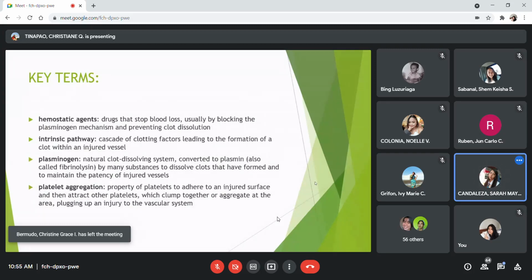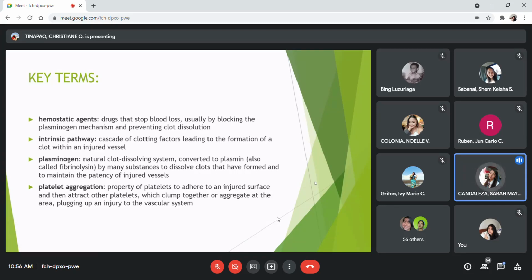Next, hemostatic agents. These are drugs that stop blood loss, usually by blocking the plasminogen mechanism and preventing clot dissolution. Intrinsic pathway, a cascade of clotting factors leading to the formation of a clot within an injured vessel.